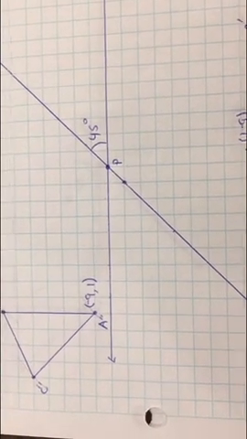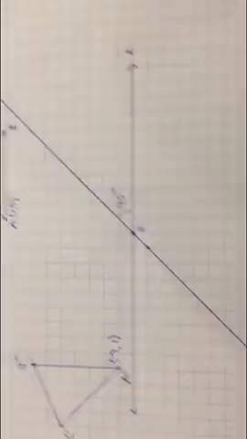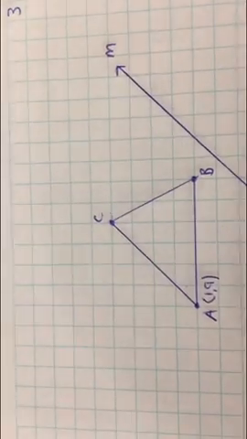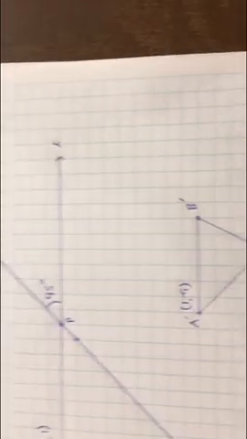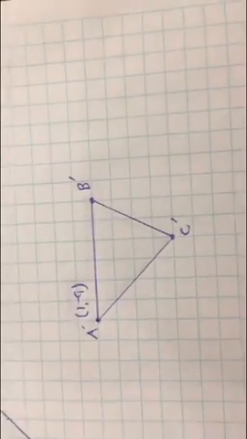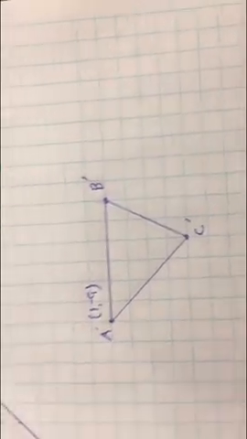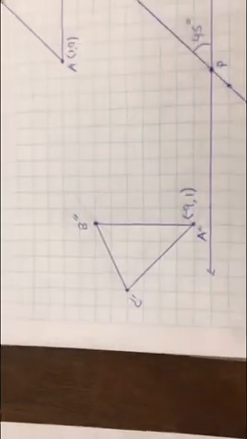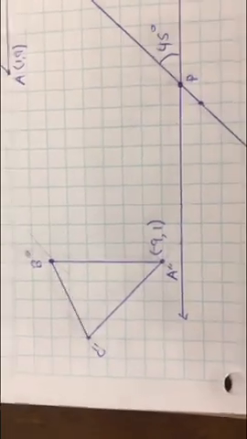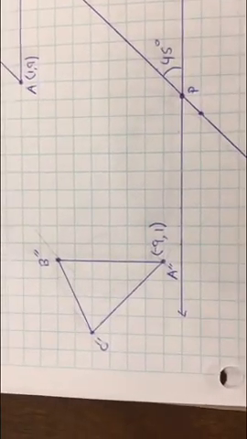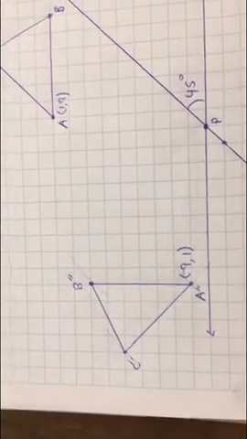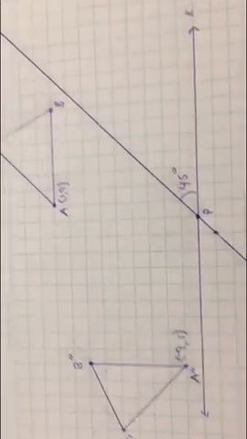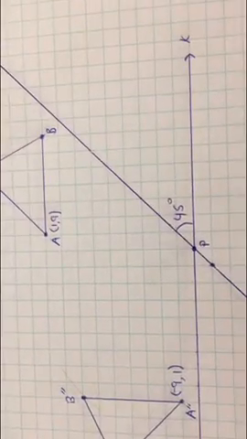It went from (1, -9) to (9, 1). So what did I do? I started with this. I reflected it in the line K, and then I reflected that in the line M. Like this.